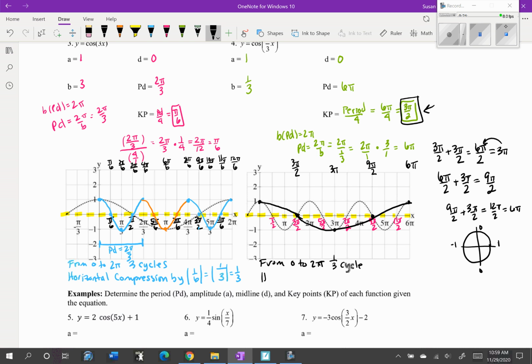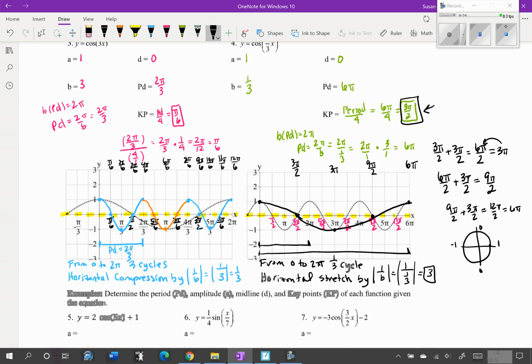So this is a horizontal, not compression, sorry, horizontal stretch from your parent graph, because notice it's bigger than the parent wave. The parent wave goes from here to here, and the new wave is from here all the way to here. So the horizontal stretch by the absolute value of 1 over b, so that's 1 over 1/3, which gives me 3. So it's a horizontal stretch by 3.